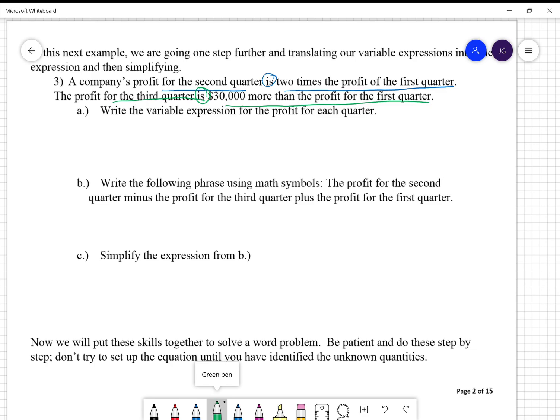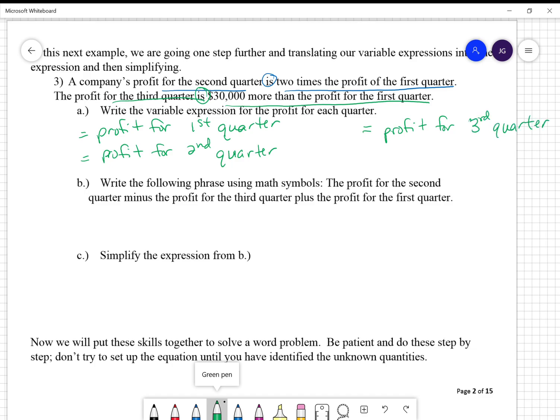So our unknowns are profit for first quarter, profit for second quarter, and profit for third quarter. Okay, which one is the plain variable?